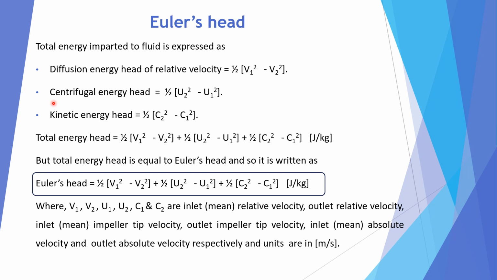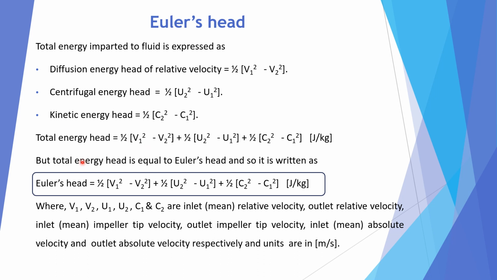Centrifugal energy head: because there is rotation of the impeller, energy is imparted, which is expressed as centrifugal energy head, half into (U2 square minus U1 square). Another is the kinetic energy head, half into (C2 square minus C1 square).